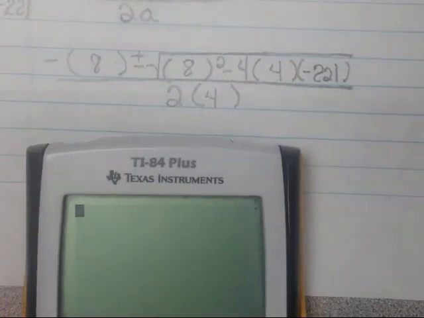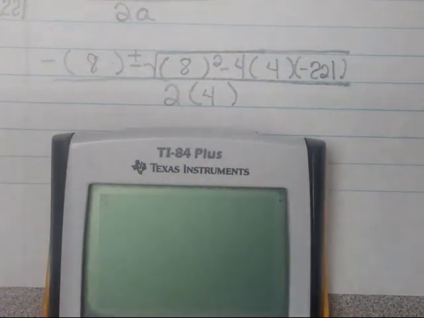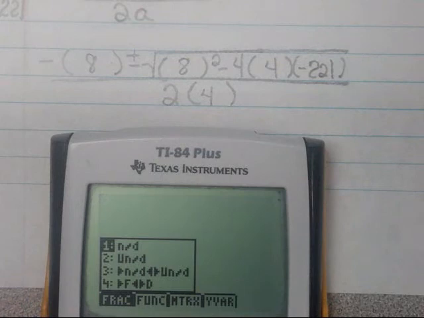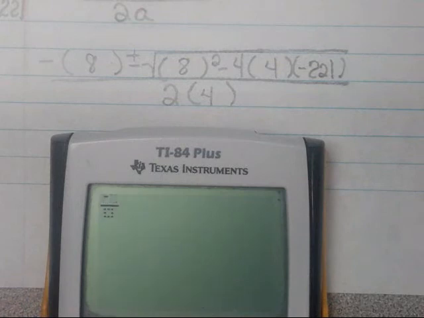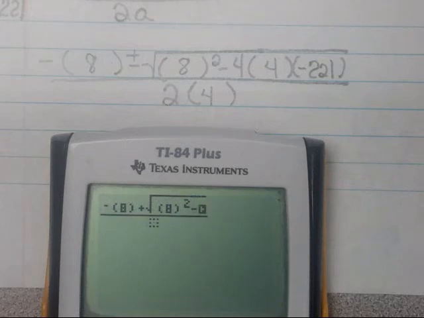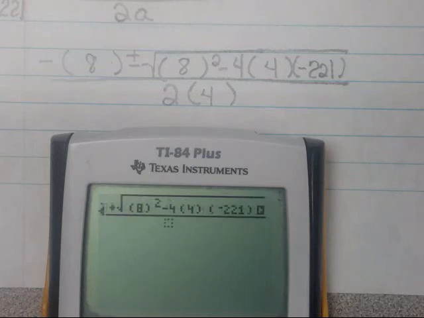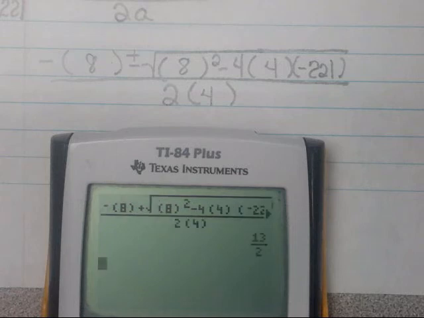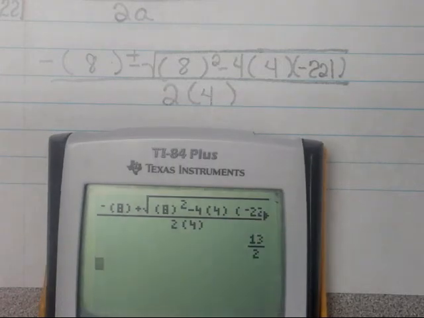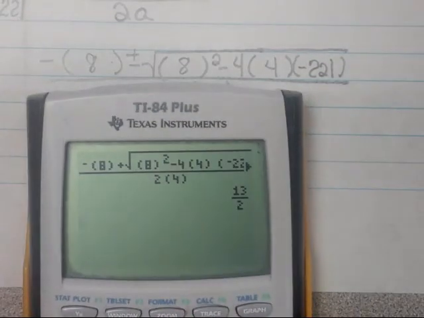Let's then put that into the calculator. Alpha y equals enter. Negative 8 plus the square root of 8 squared minus 4 times 4 times negative 221 over 2 times 4. And my first solution is x equals 13/2.